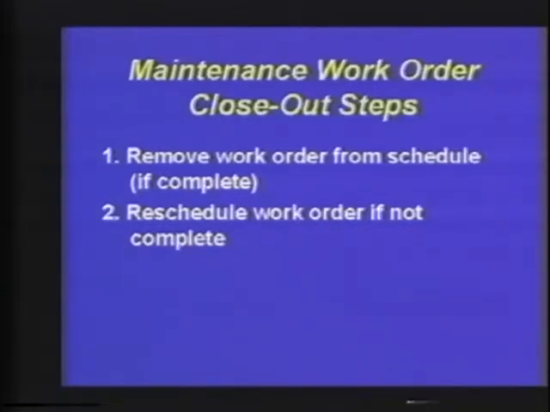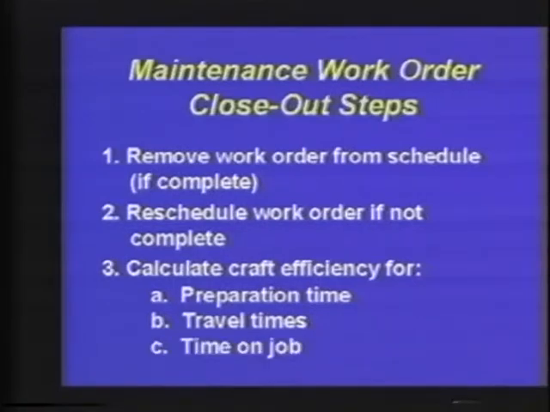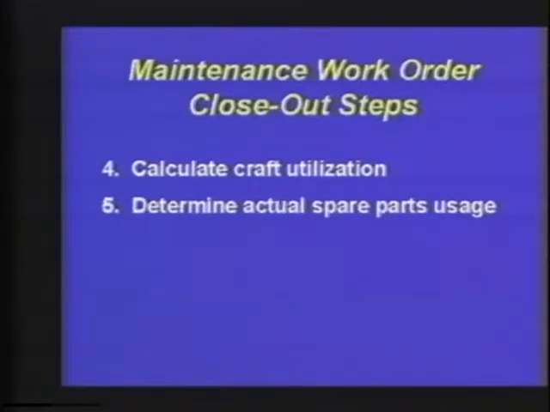Now, step 3 is calculating the efficiency for prep time, the travel time, and the time on the job. Step 4 is to calculate the craft utilization, which is the total time on the job. Step 5 is to determine the actual spare parts used, and if spare parts were not used in total, then between the planner scheduler and the craft individual, we'd have to determine whether or not the spare part was put on the PM order incorrectly.